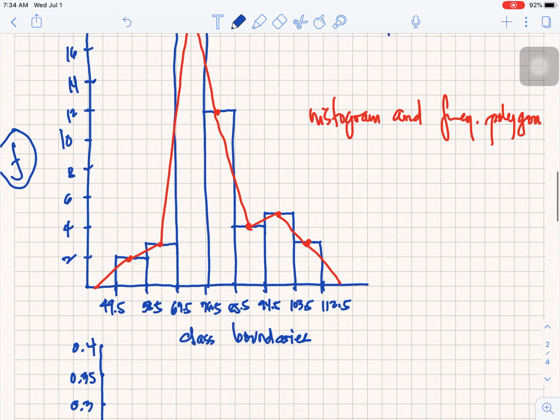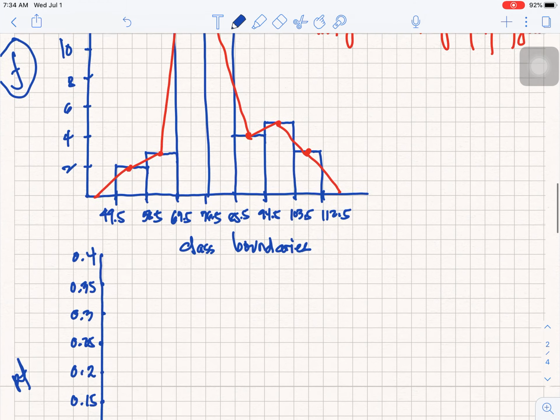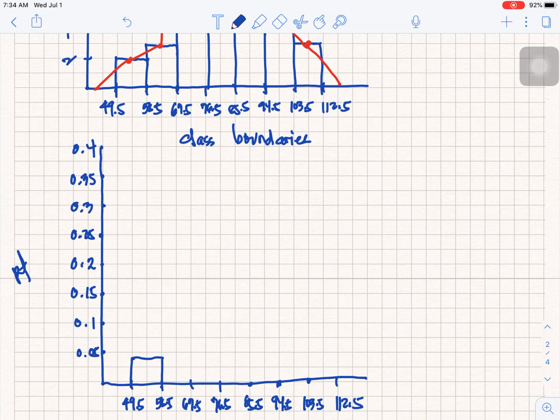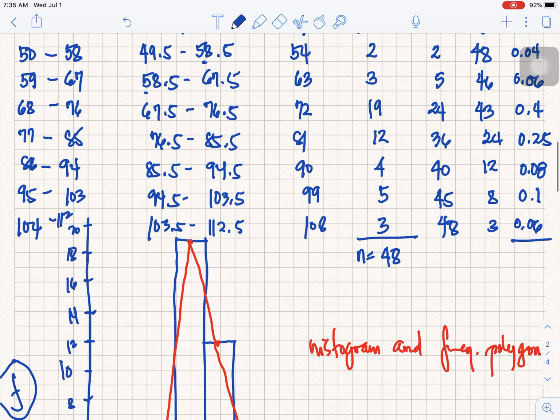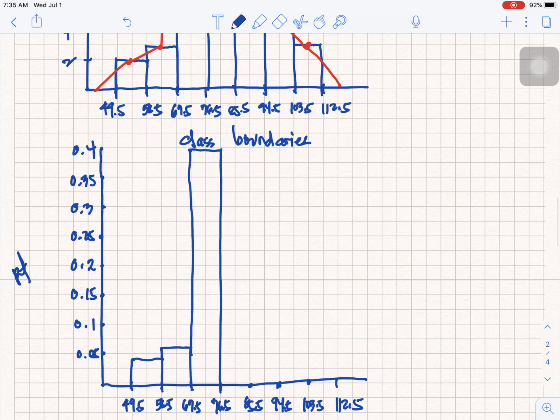The next, we have 0.06, then 0.4. Okay, the next we have 0.25 and 0.08.